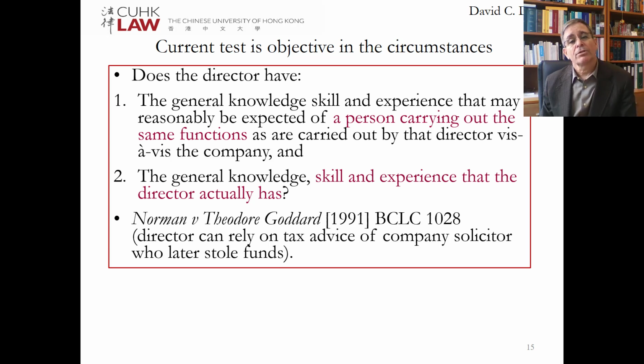So the case brings this rule from the Insolvency Act into the common law, and the rule from the common law has made its way into the Hong Kong Companies Ordinance in Section 465, and you'll see that the Hong Kong Companies Ordinance is essentially identical to the rule that we see in Norman.